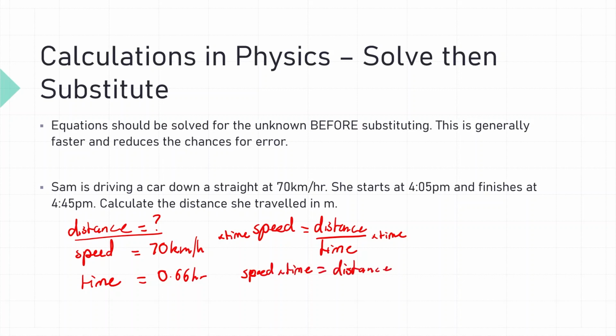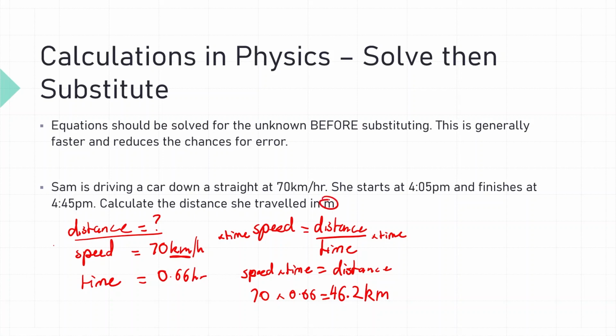At this point is where we then substitute. So we can put in our speed, we can put in our time, and when we put that into our calculator, we should get an answer like this, 46.2. Now the units of measurement here is still in kilometers, and that's because we substituted in a speed in kilometers per hour.